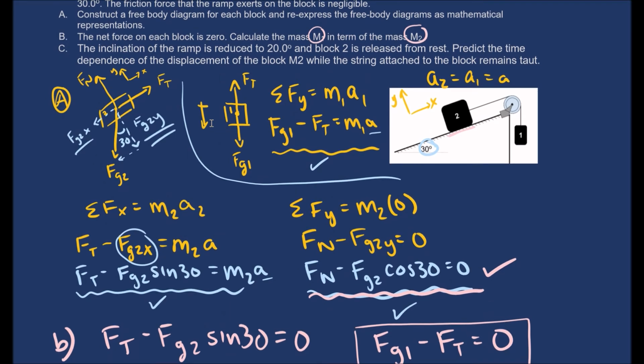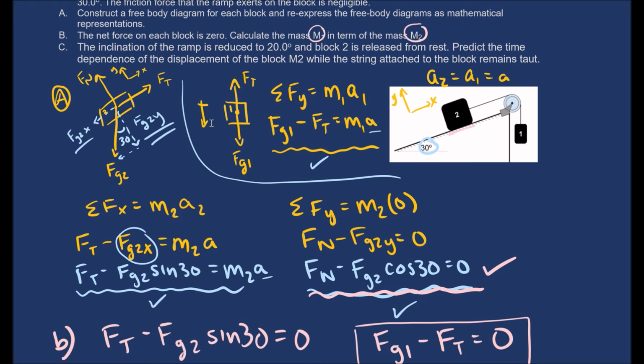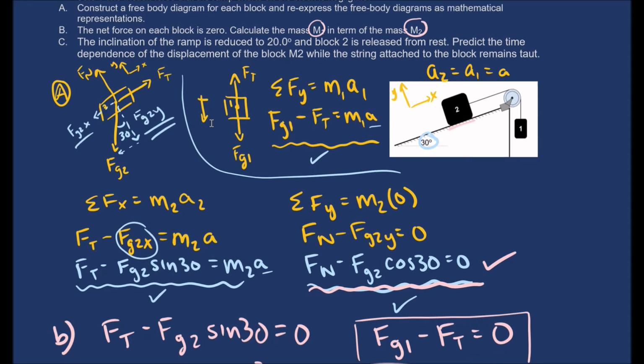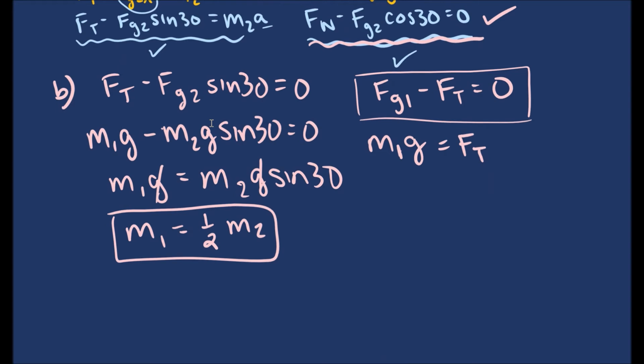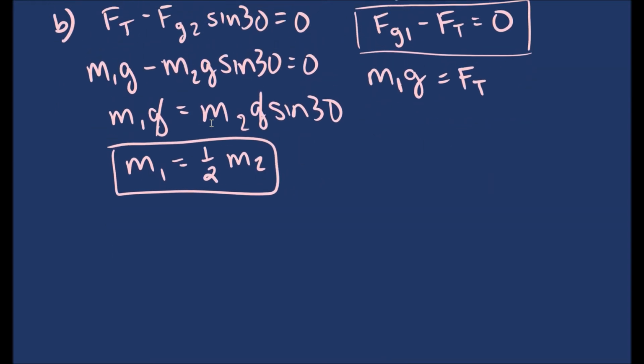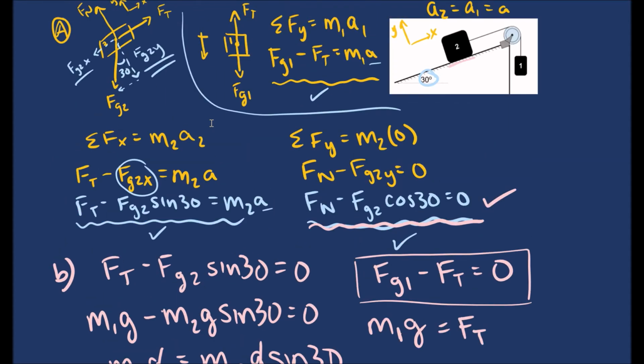Okay, so in C, now we have the inclination of the ramp reduced to 20 degrees, and block 2 is released from rest. So we knew that at 30 degrees, this was a static situation, nothing was moving. But as soon as you reduce this angle, this component of gravity pulling block 2 back down is going to decrease.